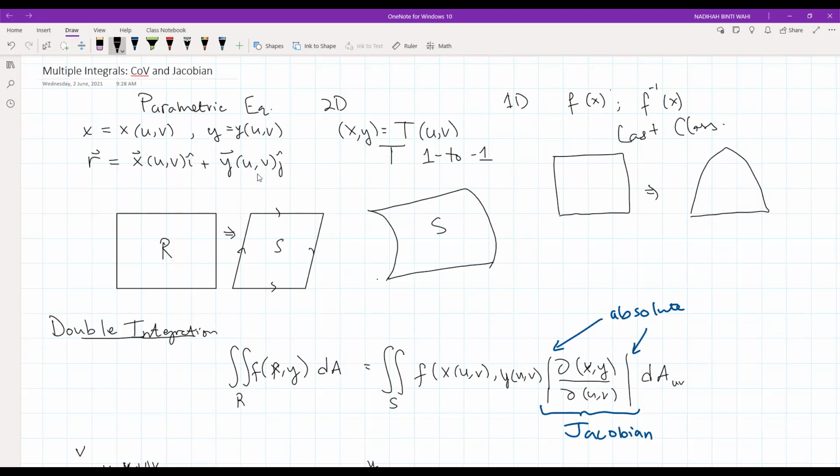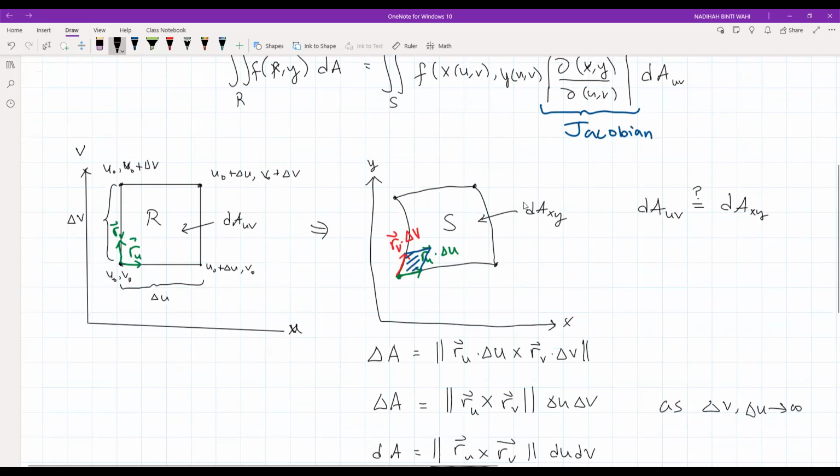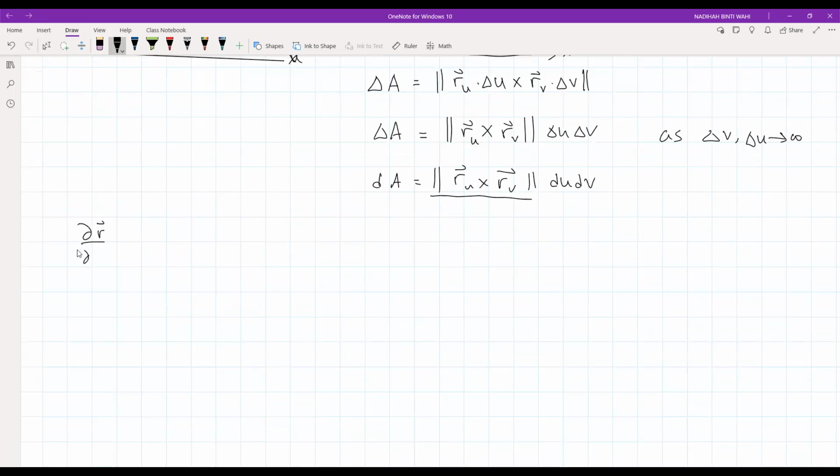If I do the partial derivatives and then the cross product, this means partial of R with respect to U cross partial of R with respect to V.